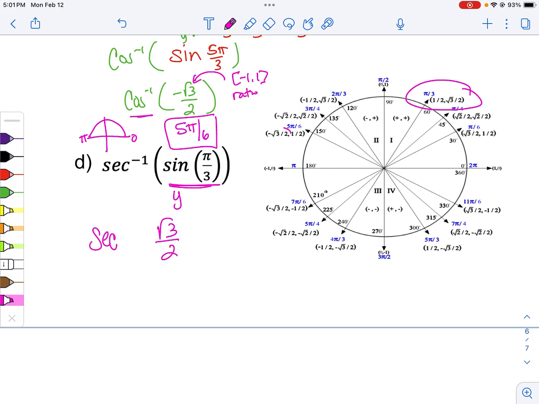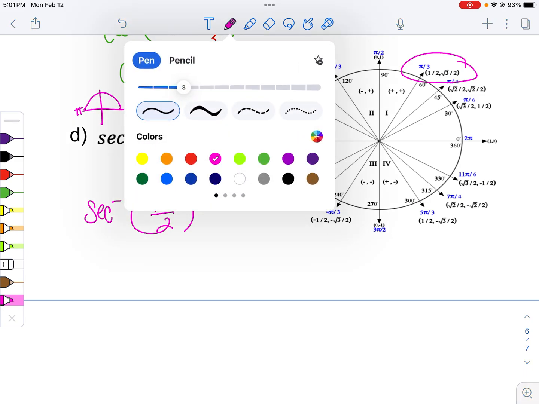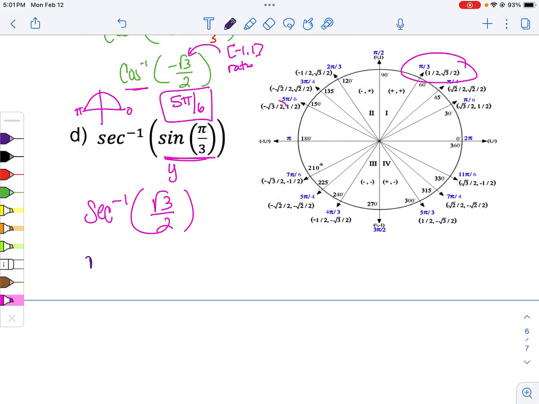So I have to do the secant inverse of √3 over 2. Okay, now, we didn't learn anything yesterday about secant, but I do know something about cosine and secant, and I know if I just take the reciprocal, that gives me a 2 on top and a √3 on the bottom, right? If secant is √3 over 2, then cosine has to be the reciprocal, 2 over √3.